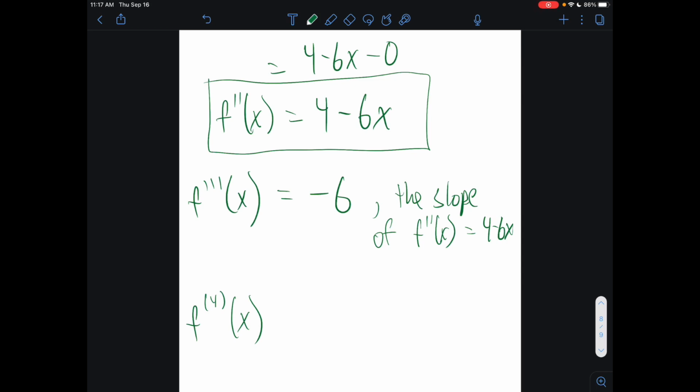The third derivative is also a line. It's a line that really has equation y equals negative 6. It's a horizontal line. So what's the derivative or the slope of a horizontal line? It's 0. This is the slope of the horizontal line, which was the third derivative.